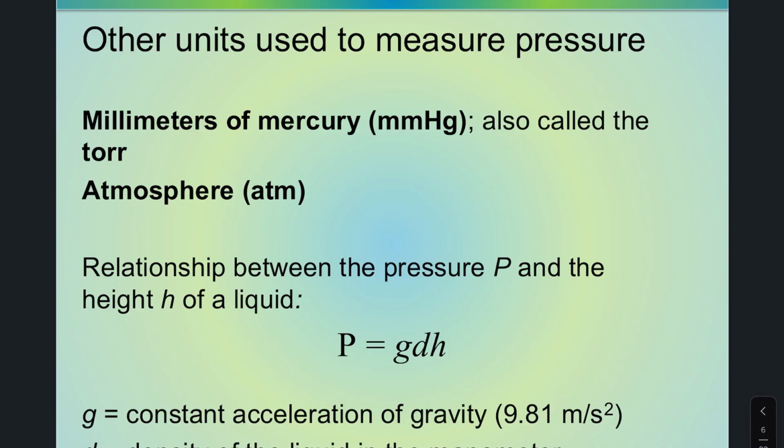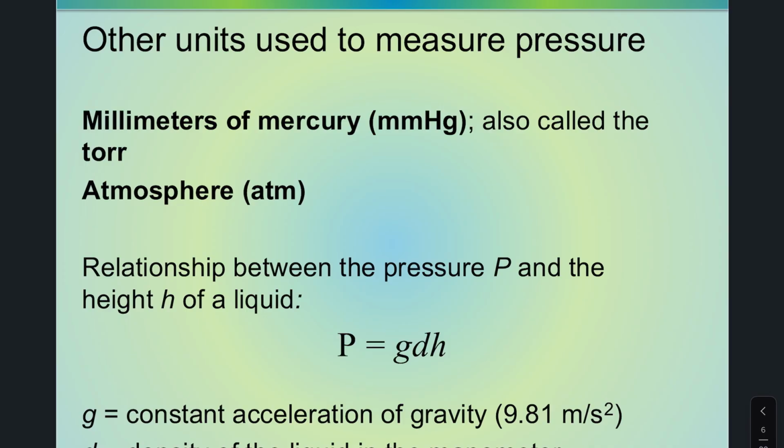You can also use things like millimeters of water or inches of water, which is often used in the United States, but generally atmospheres and millimeters of mercury or torr are what we use in science because they are clean numbers. There's also PSI, pounds per square inch. That's something you'd see on a tire.